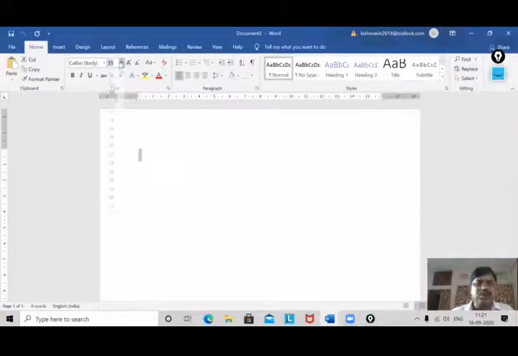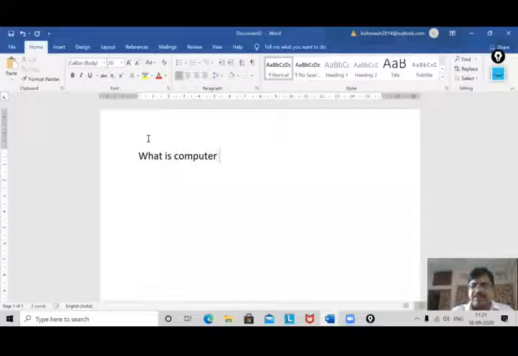Now in this, first of all, you have to know what a computer is. We are using computers, but what is a computer? Computer is a machine. Which type of machine? I hope you have read this already, but it is also given in the syllabus, so I am going to continue with it, so that those who did not read computer in standard 10 will understand it, my dear.